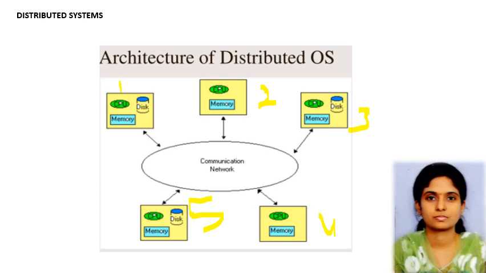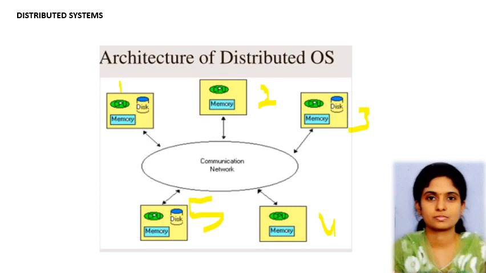The main advantages of these distributed systems are, first, resource sharing facility is available. The user at one site may be able to use the resources available at another site. Second advantage is speeding up the exchange of data with one another via electronic mails. Third, the distributed system provides better services to the customers.